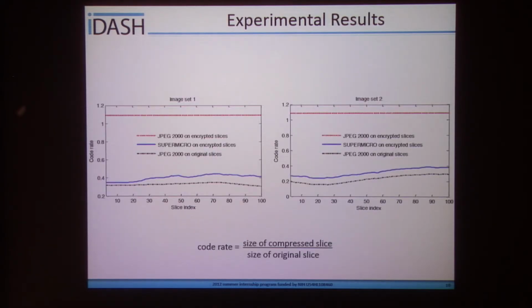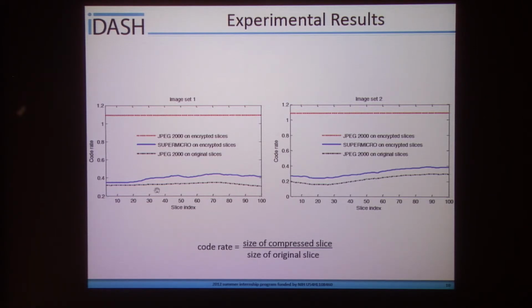Now, we will analyze the compression performance in terms of code rate for 3 different setups: the proposed SUPERMICRO framework on the encrypted slices, the state-of-the-art JPEG 2000 lossless compression on the original slices, and the same JPEG 2000 compression on the encrypted slices. Here we define the code rate as the size of the compressed slice over the size of the original slice, where a smaller code rate refers to better compression performance.